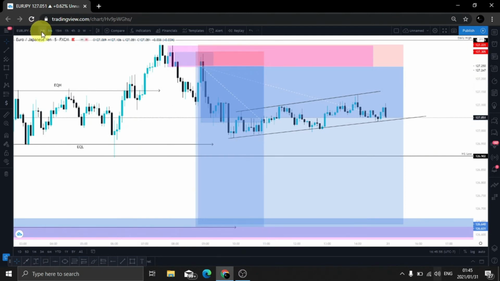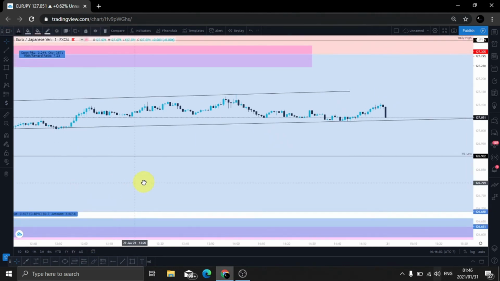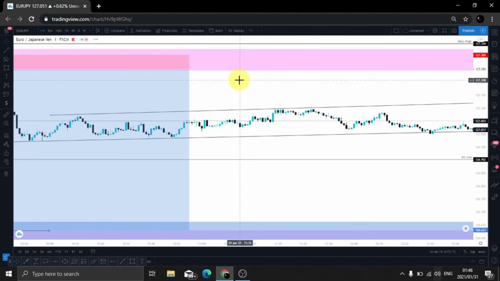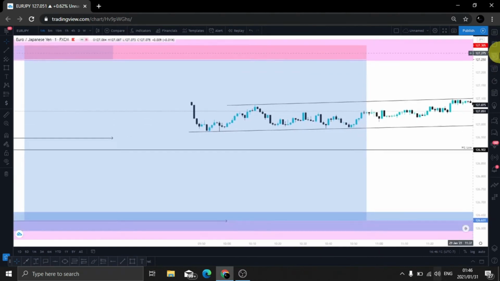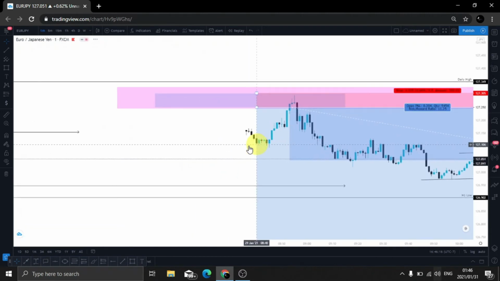Let's just go to my favorite time frame. So we are now on the M1 time frame. Let's just delete that for a moment. We're just going to focus on our M1 time frame right now.